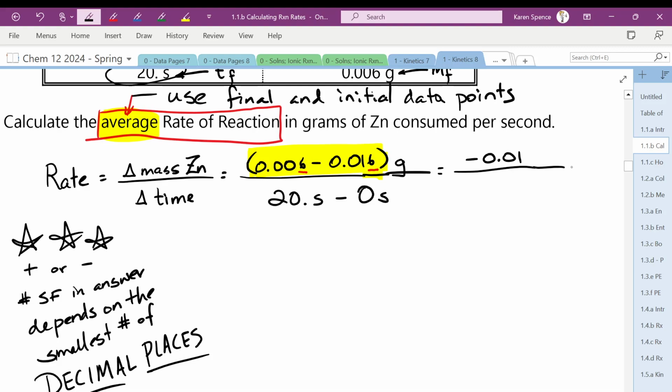And if I tried to use the smallest number of sig figs, I'd say 0.006 has 1 sig fig. However, I know that I should go to the smallest number of decimal places. How many decimal places do we have in each of those numbers? 3. So this should actually be 0.010.